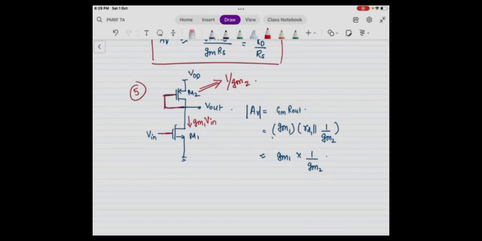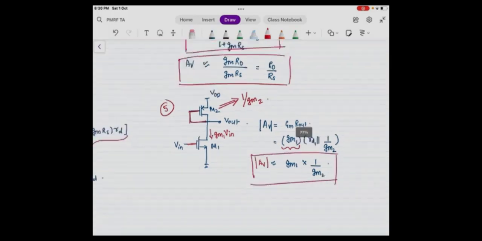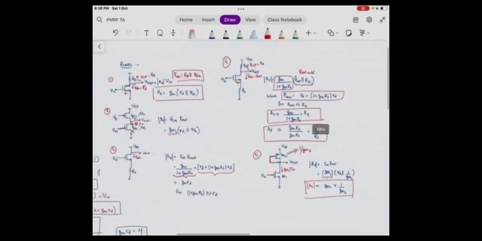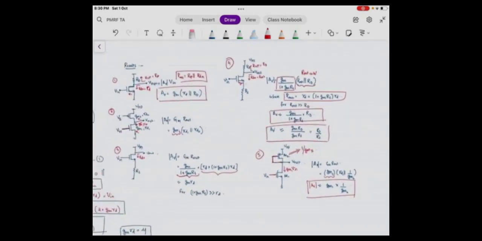So basically the capital GM will be GM1, and the R out will be R up parallel R down, so 1 by GM2 parallel rd1, and this can be approximated as mod AV equal to GM1 by GM2. Like this I have shown you 5 configurations, but many more are possible, and you have to use this conceptual knowledge to analyze these kinds of MOSFET circuits.